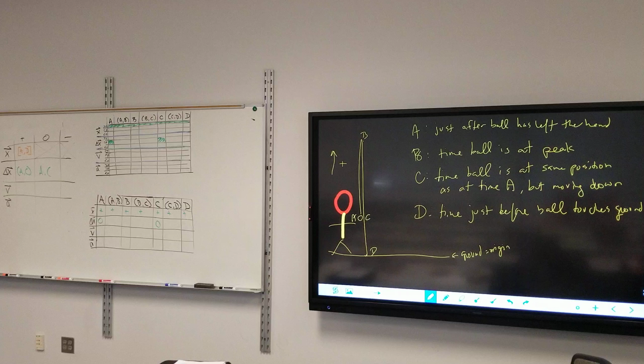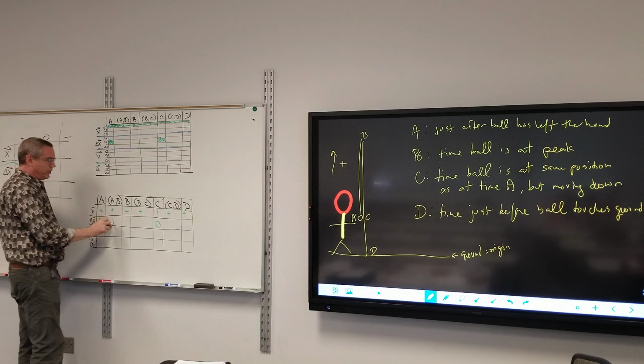Now, if you want to break it up into parts and write this as A, B, bracket, and then B, C, parenthesis, bracket, this and this mean the exact same thing. So it's positive in between.